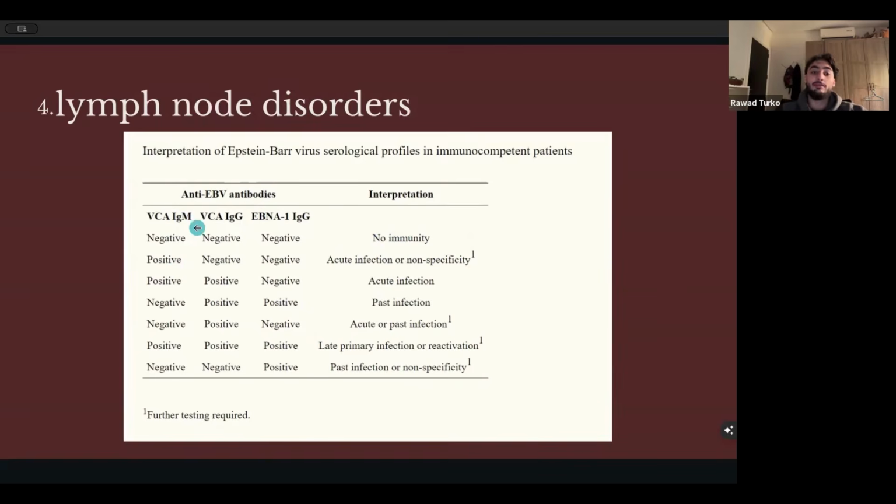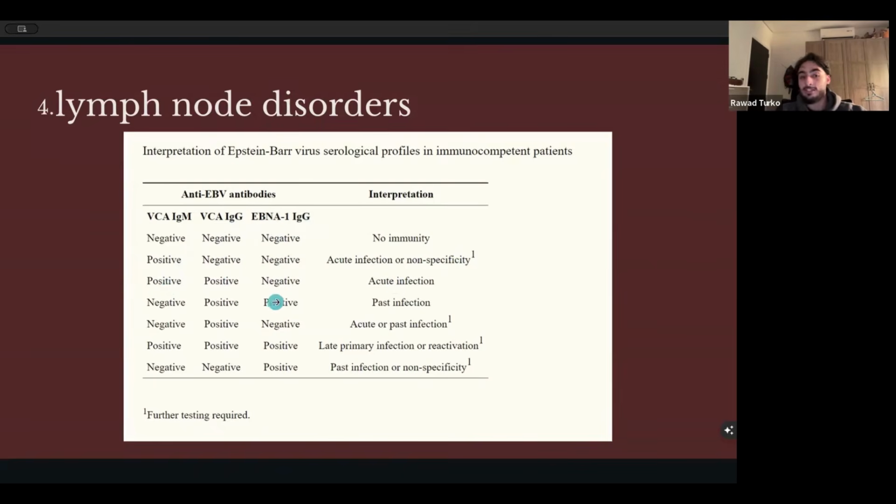Now, if the IgM portion of the viral capsid antigen is positive and everything else is negative, that means it's a very, very early acute infection because the IgG only goes up after a certain period of time. Or it could be non-specific and you might have to do some further testing, okay? But if both IgM and IgG are positive, and IgG for EBNA is negative, then it's an acute infection.